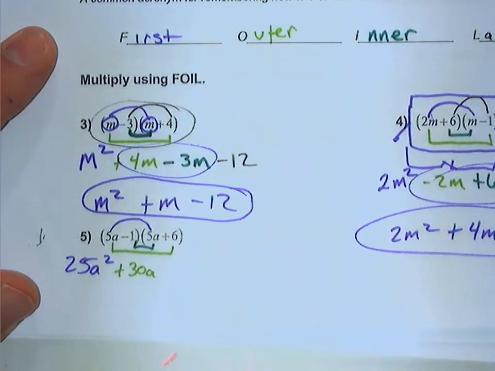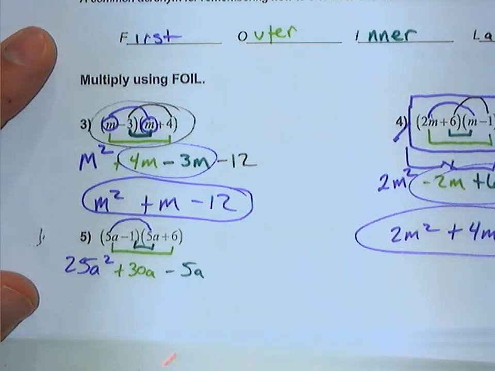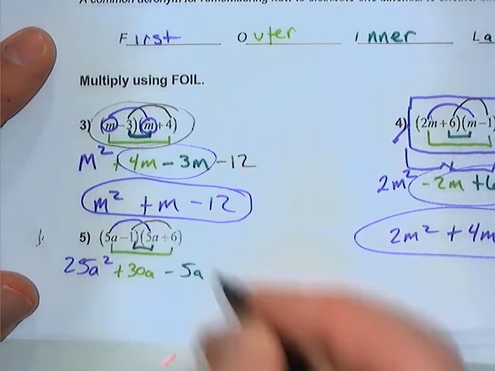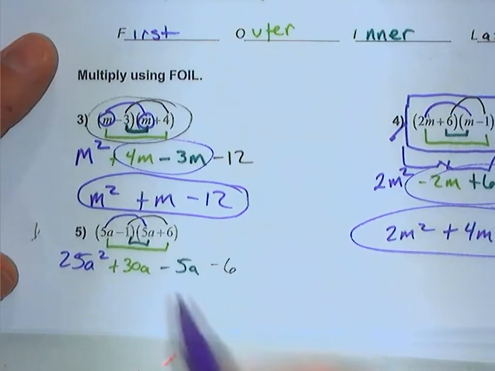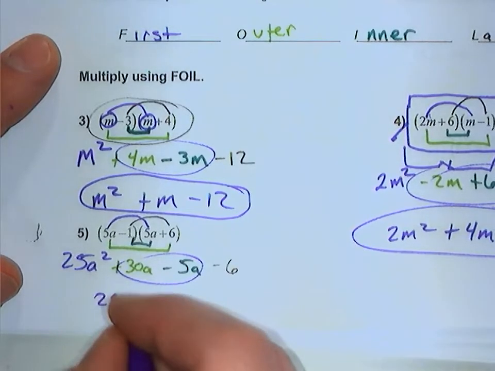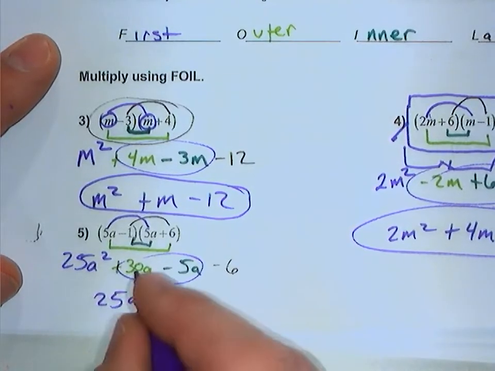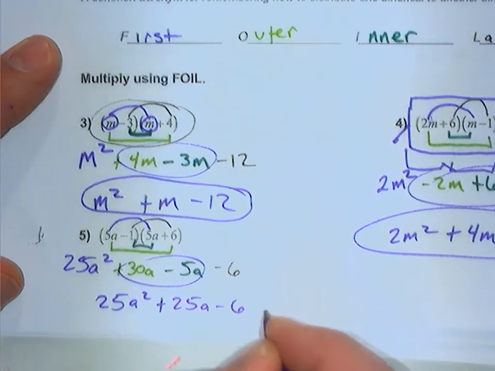Ryan W., what do you got? Negative 1 times 5a. Yes, sir. And then my last term, negative 1 times 6 is negative 6. Again, outers and inners, not always, but a lot of the times they do simplify. And you get 25a squared, 30a minus 5a is 25a, and minus 6.